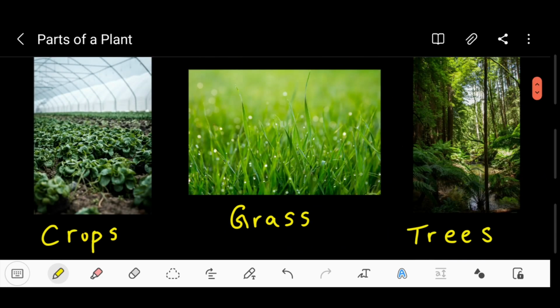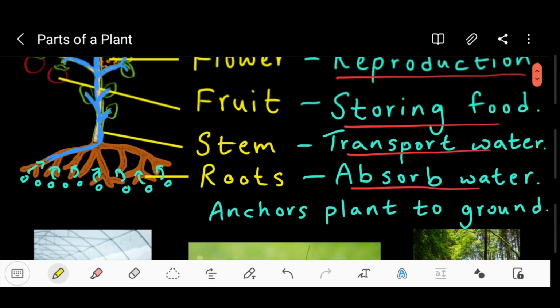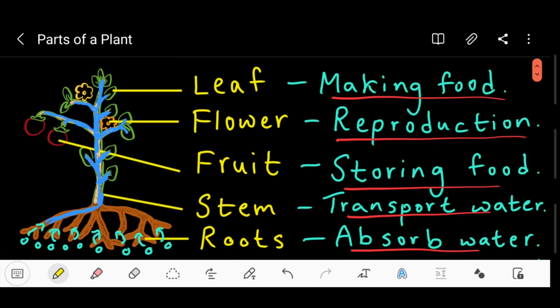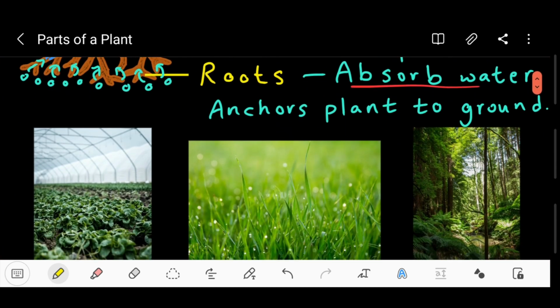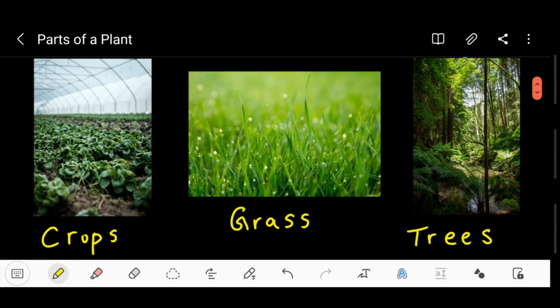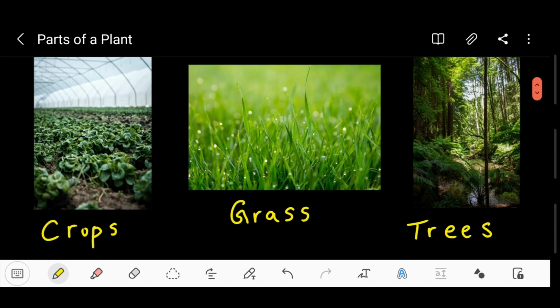Okay. I think you would have noticed by now that these three pictures do not look like this picture that I showed to you before. So this picture has many different parts, but these three pictures mainly have leaves and the stem. And obviously there's the roots as well, but that's underground, so you can't see it in the pictures.